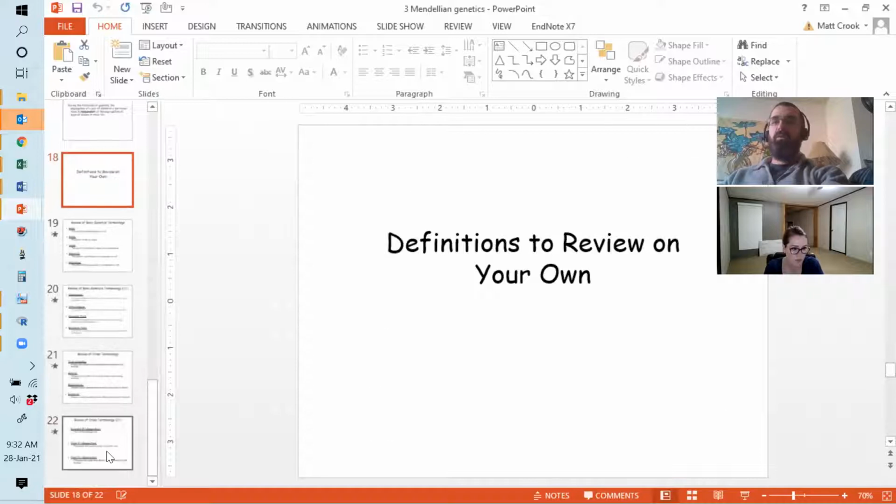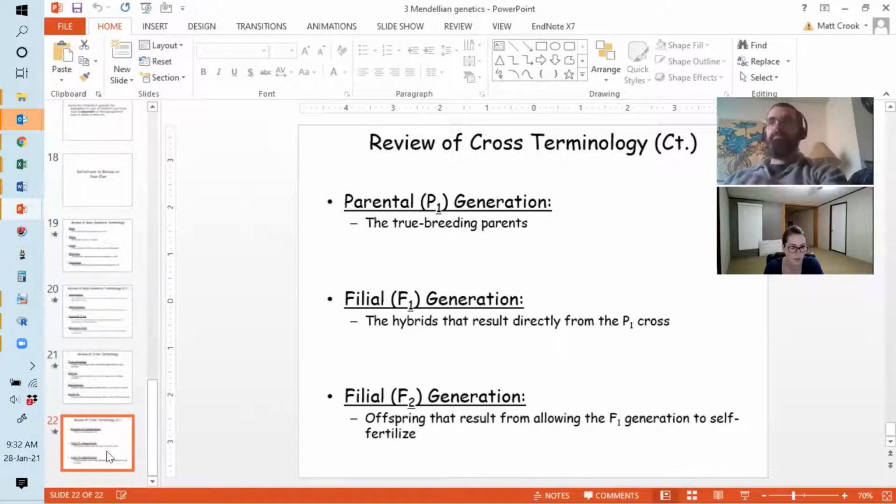Right, so you will get the same 3 generations in a dihybrid cross that you do in a monohybrid cross: P generation, F1 generation, F2 generation. The similarities are worth pointing out.